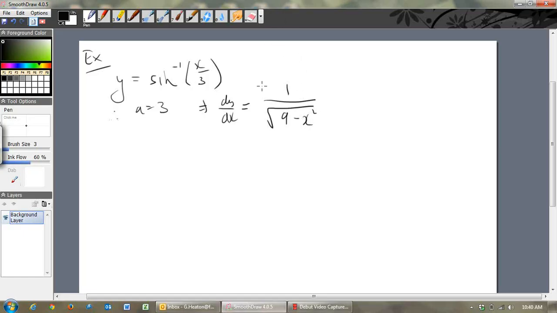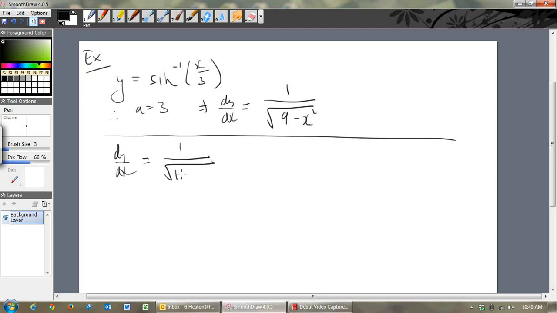That's really easy. If you don't remember these formulas, then the way you need to do this is by using the chain rule. I'll show you what that would look like. The chain rule says that dy by dx is equal to the derivative of this, so that's 1 over the square root of 1 minus, chain rule says just leave that as it is, so you'll have x over 3 squared, and then you multiply this whole thing by the derivative of what's in there, so that's multiplied by 1/3.